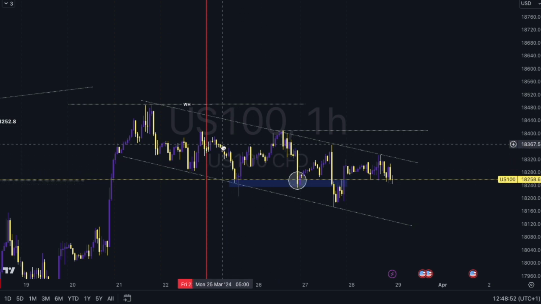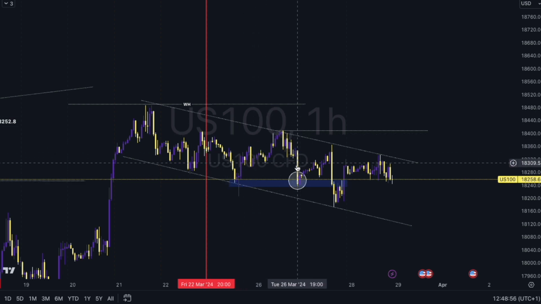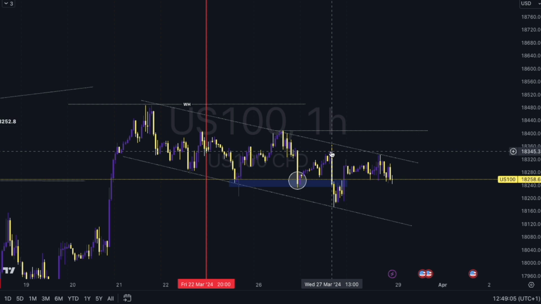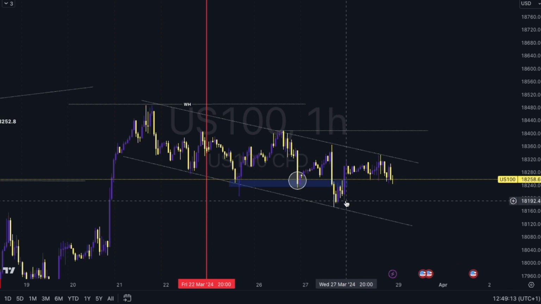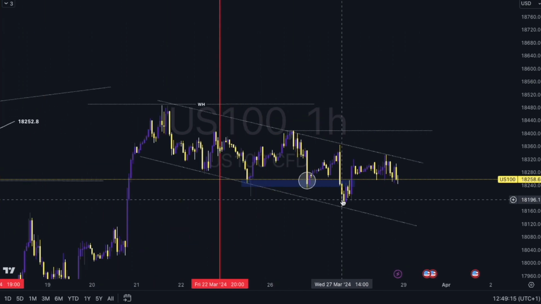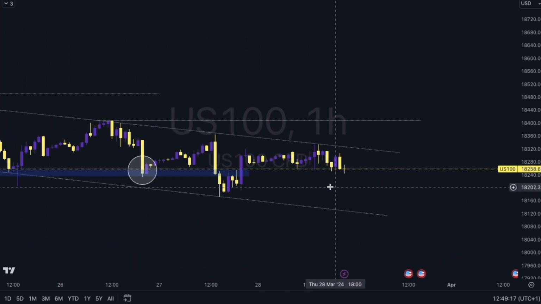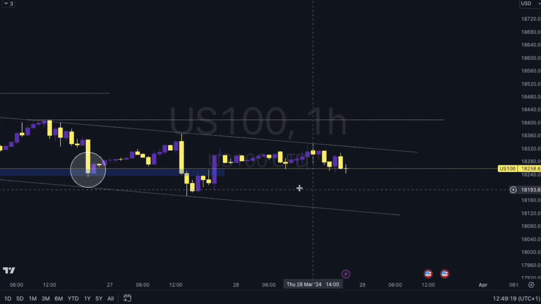So this was it. First week Monday, it came into the zone, bounced off, then it came back in. As soon as it came back in, I got triggered in. And as it was taking off, I thought, great stuff, it's going to keep going up. Essentially what happened was, as we can see, it came all the way down, and I just manually closed it, around this level over here.